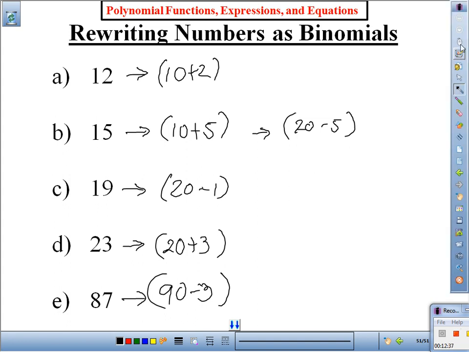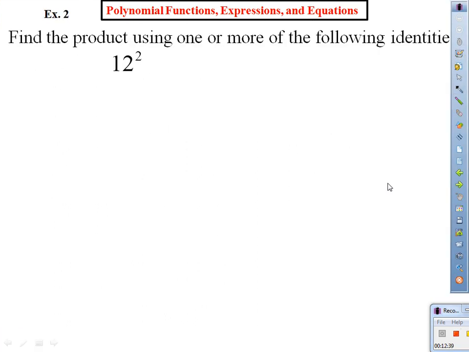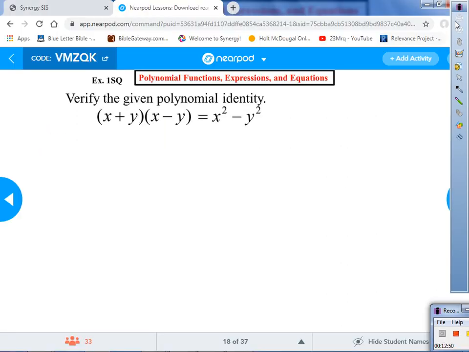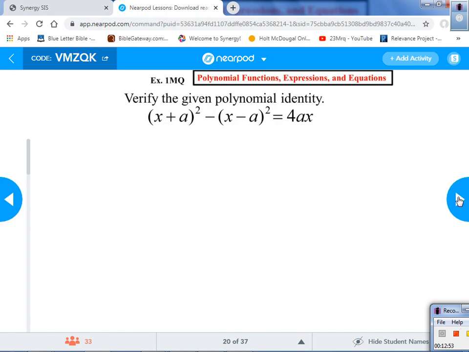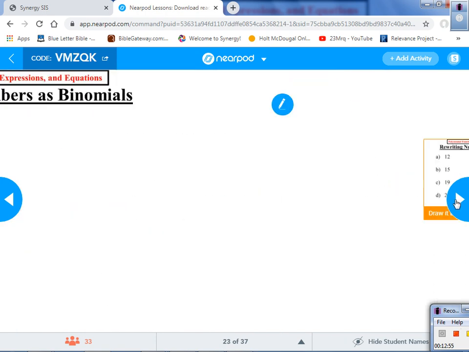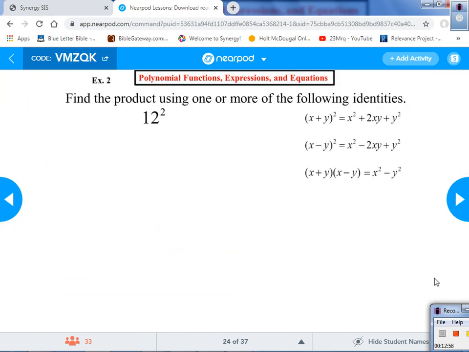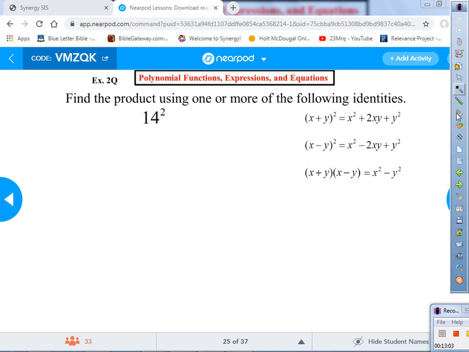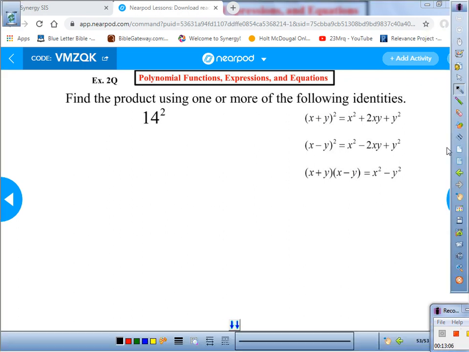All right? So, copy that one. Example 2. All right.